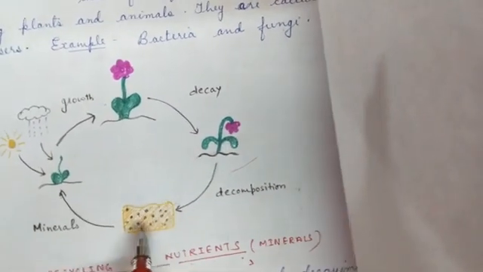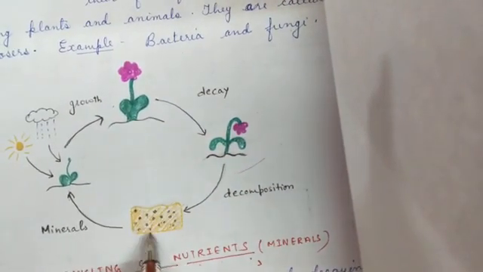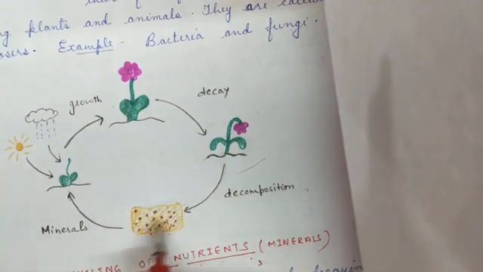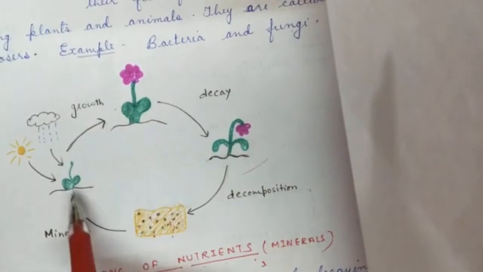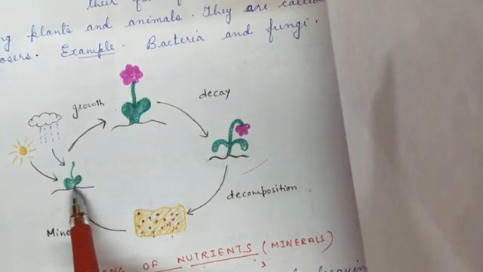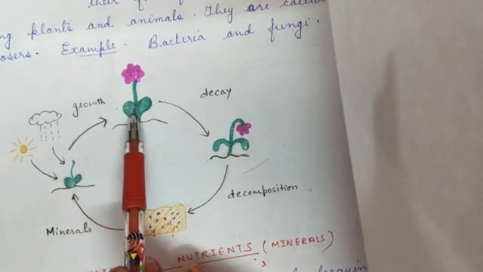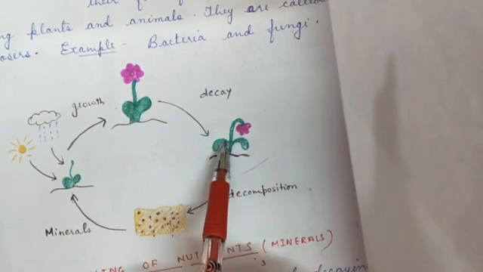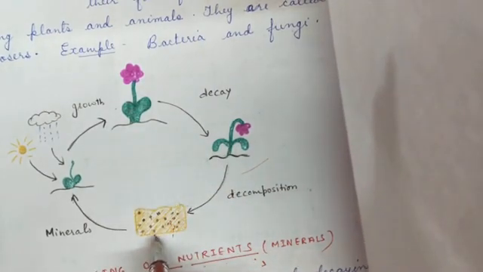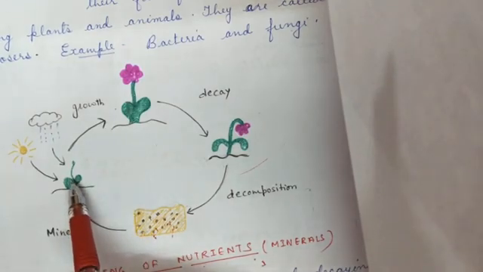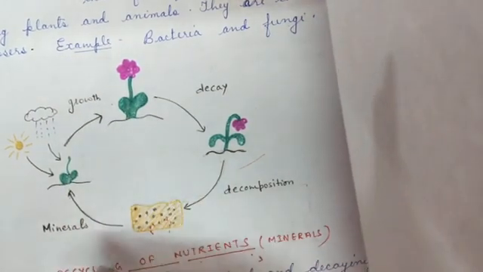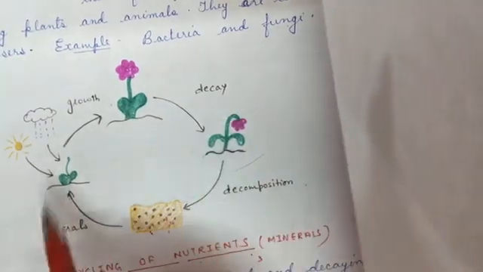These minerals get mixed with the soil and enrich its fertility. So in this way, this mineral is used by the plants for their growth. And these plants, when again they die, release minerals. And again these minerals get used by the plants. So in this way, this cycle keeps on going in the environment.